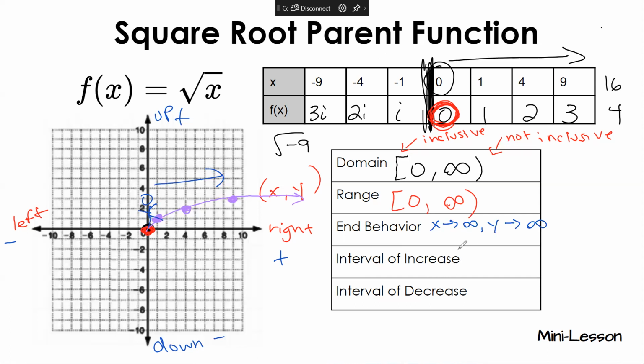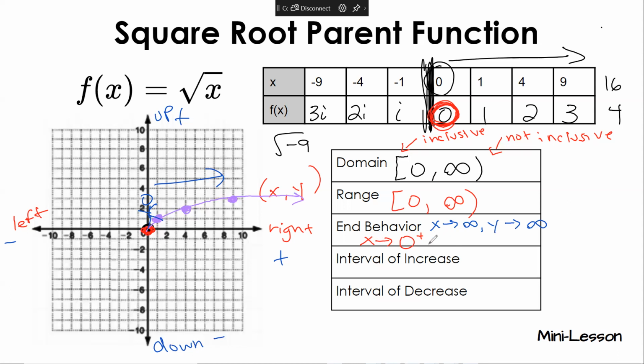Now, as we move to the left, we don't have any numbers past the point of 0. Okay, so the way that we're going to say this is we're going to say as x is approaching 0, and we're going to say from the right-hand side, sometimes you'll see this, I'm just going to go ahead and throw it at you. From the right-hand side is positive, from the left-hand side is negative.